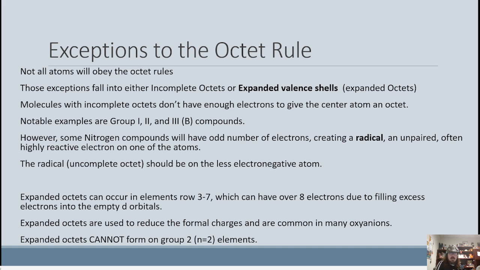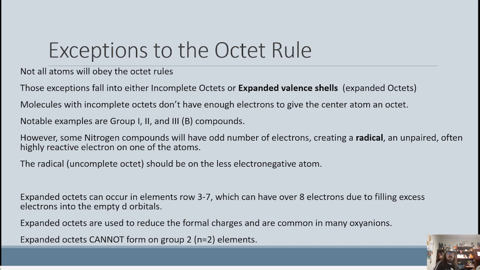Expanded octets can be used to reduce the formal charges, and expanded octet structures are typically the most stable version of the oxyanions you can draw. But expanded octets can never occur in row 2 elements. Now, keep that in mind. That's why carbonate doesn't have 4 oxygens, because if it had 4 oxygens, it would have an expanded octet.